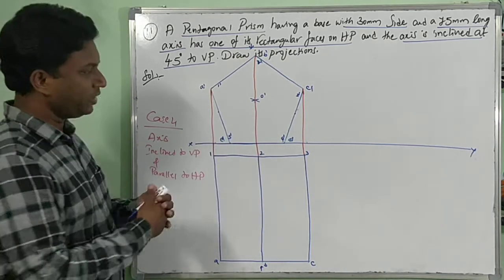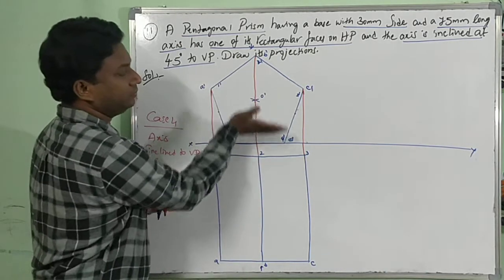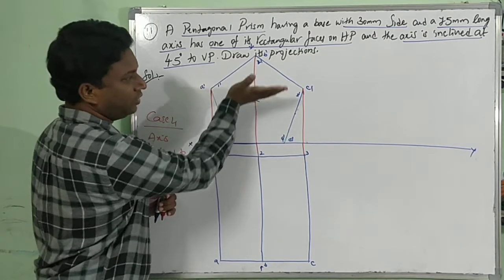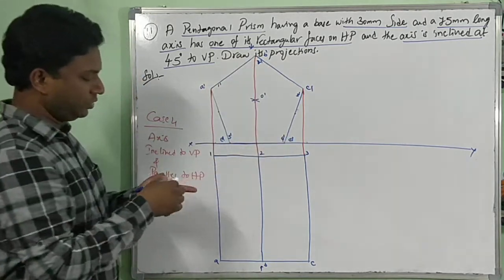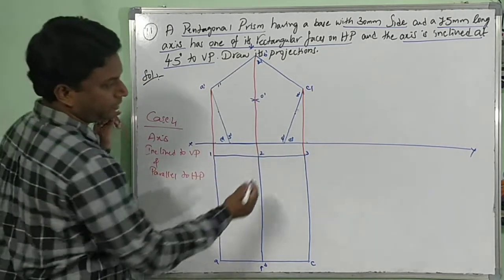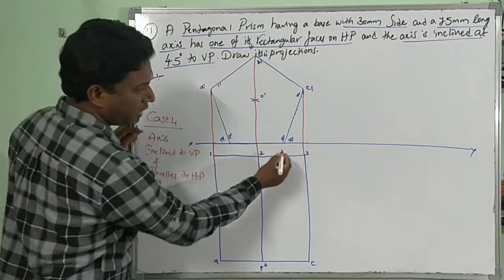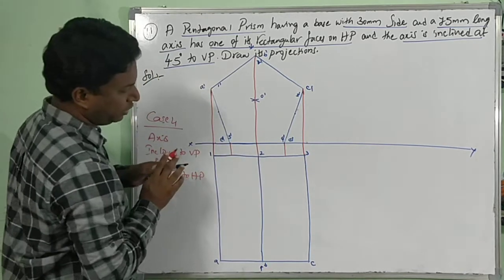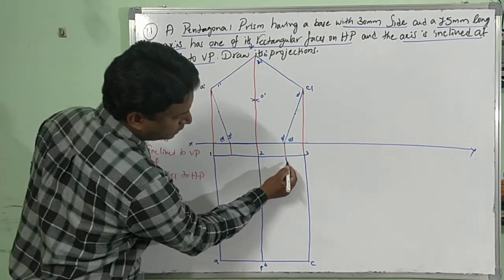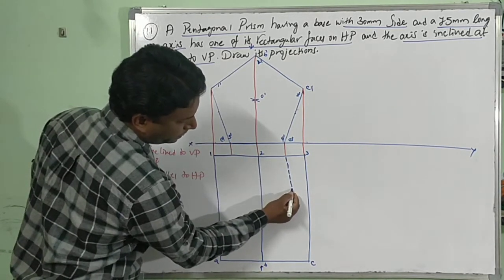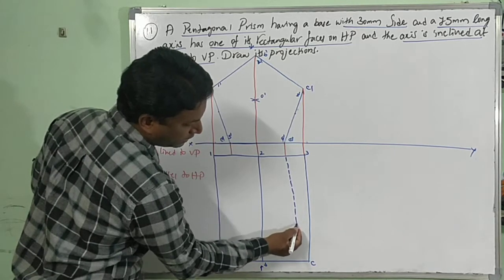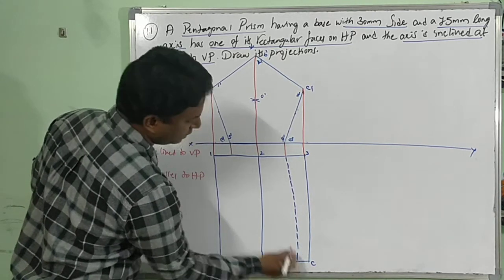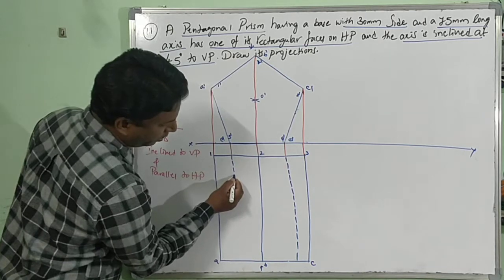How can you show them? As they are at the bottom, with respect to half, they are hidden. So you still have to draw projectors and show them as hidden lines. You may ask what happened to the axis. The axis is being dominated.